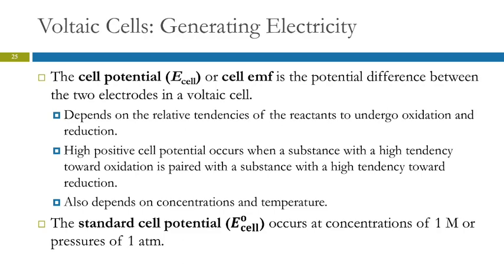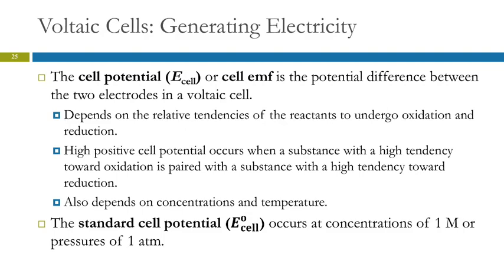What that value is depends on the relative tendencies of the reactants to undergo oxidation and reduction. The example we looked at had zinc metal losing electrons, right? Well, if zinc is very eager to lose electrons and copper ions are very eager to get electrons, then you're going to have a big potential difference and a large cell potential.